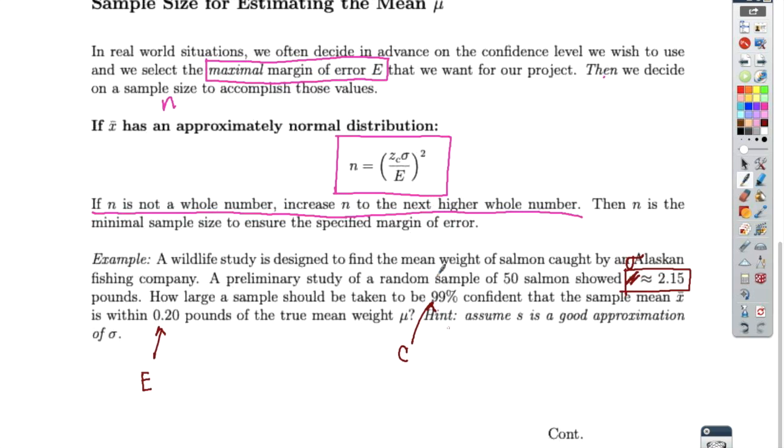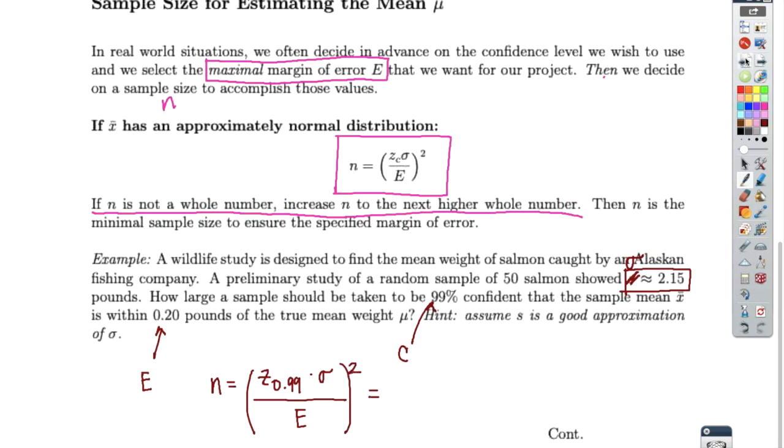So I'll take those values and I will plug them into this n formula. So it says n equals, now, z sub c. In our case, we know that we want our confidence level to be 0.99. So I'll have to find that in just a second. It's going to be times sigma over E and this entire thing squared.